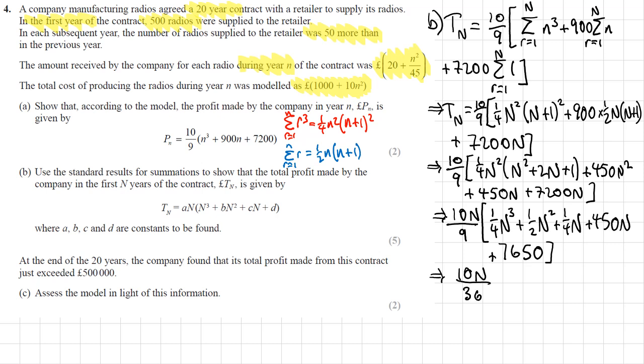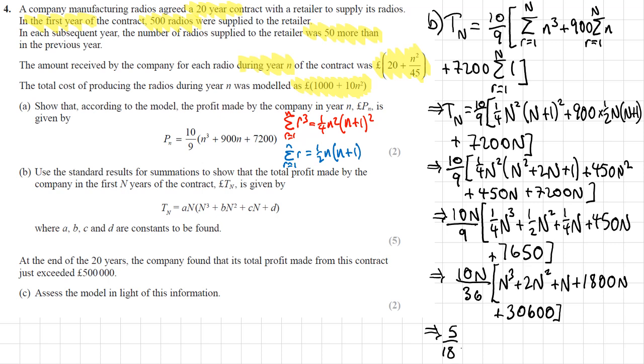And then inside the bracket, I will have n cubed plus 2n squared plus n, and then the 450 is going to become 1,800n, and then the 7,650, if I times that by 4, that'd be 30,600. So I think we're almost there. So we can simplify this, the 10 over 36 to 5 over 18n.